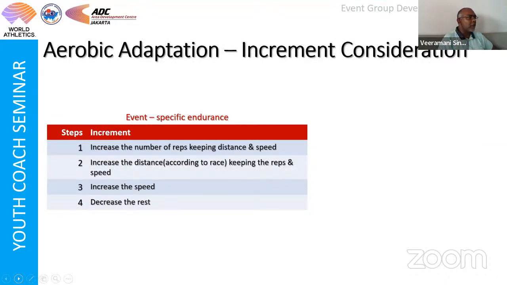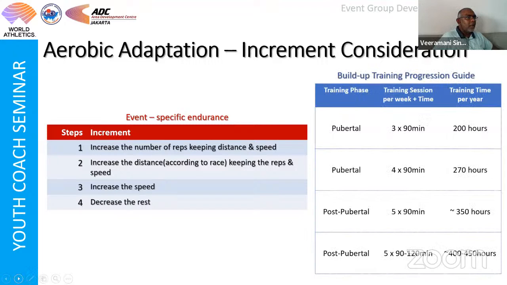First we increase the number of repetitions, keeping the distance and the speed constant, followed by increasing the distance according to the race, keeping the repetition and speed. Next, we increase the speed. Lastly, we decrease the recovery, so we get closer to the actual event requirement.